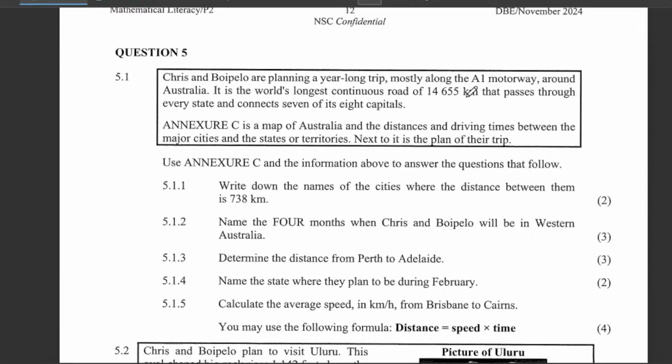So we are looking at annexure C. Annexure C is the map of Australia and the distances and driving times between the major cities and the states or territories. Next to it is a plan of their trip.